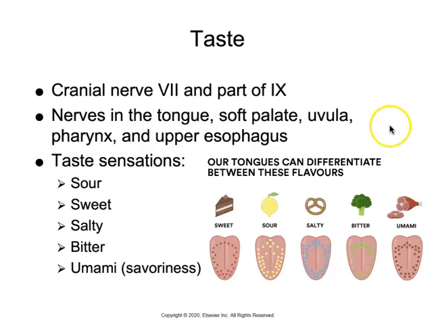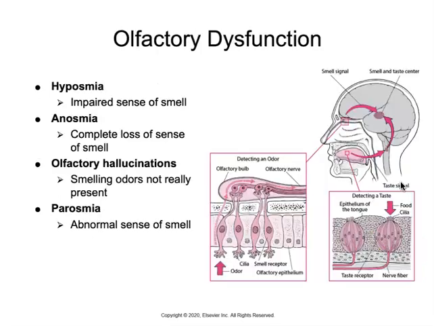Our nerves in the tongue and soft palate, uvula, which is that ball in the back of your throat, pharynx, and upper esophagus will help sense for taste. And we have some taste sensations or taste modalities, which are sour, sweet, salty, bitter, and umami, which means savory, or it's almost like that meaty taste is how I've heard it described.